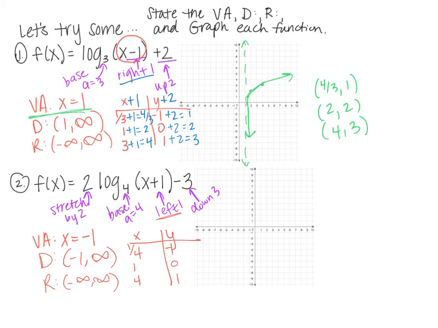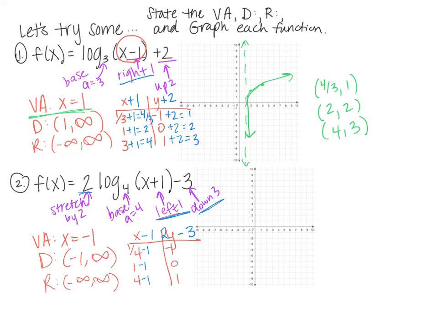Okay? Now, remember, that's pre-transformation. So let's transform it now. I'm going to move to the left 1, which means I'm going to subtract 1 from my x's. I'm going to move down 3, so -3. I'm going to stretch by 2, so I'm going to multiply by 2 on those y's. Okay, so let's transform and see what happens.